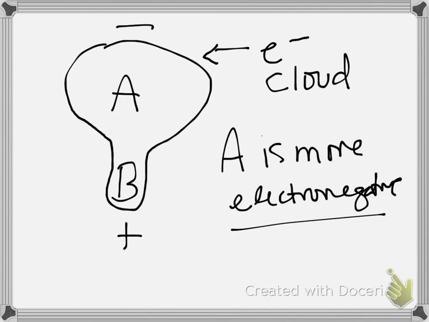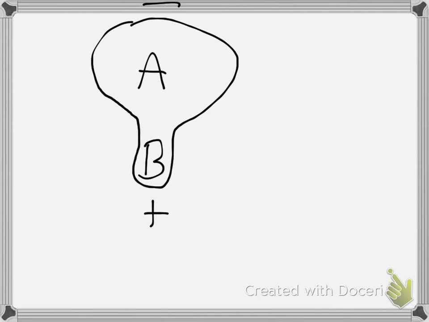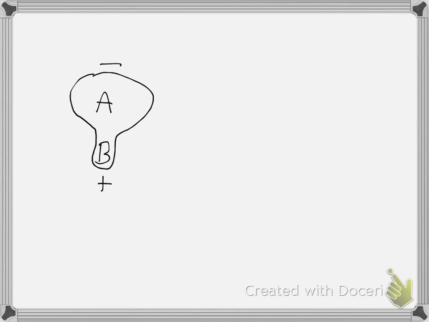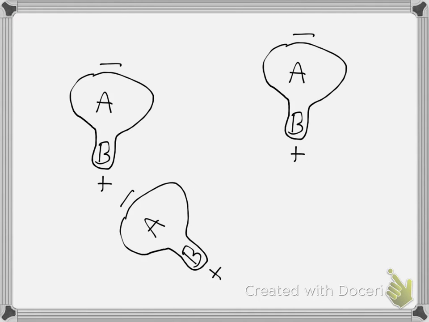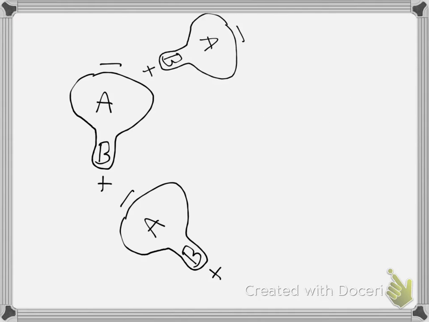What that means is that if you have a whole bunch of these all swimming around in the same vessel, they're going to line up in a particular way because the little positive ends are attracted to the little negative ends, and the little negative ends are attracted to the little positive ends.